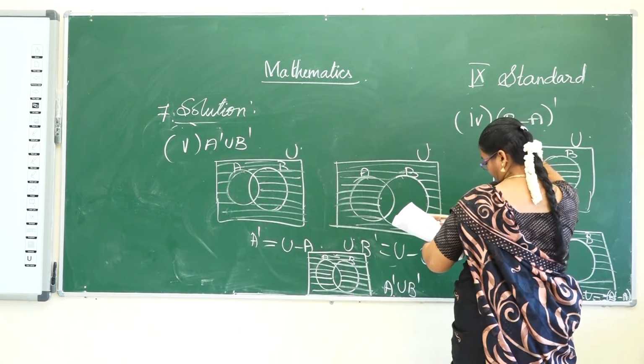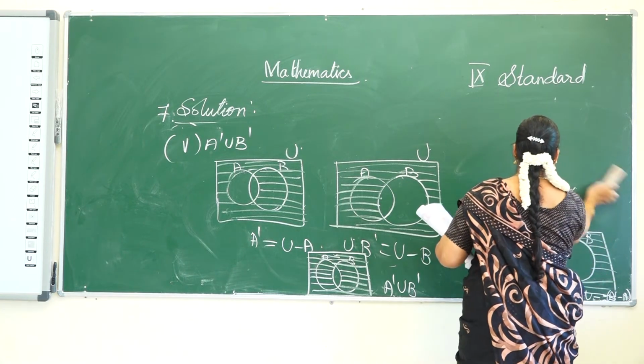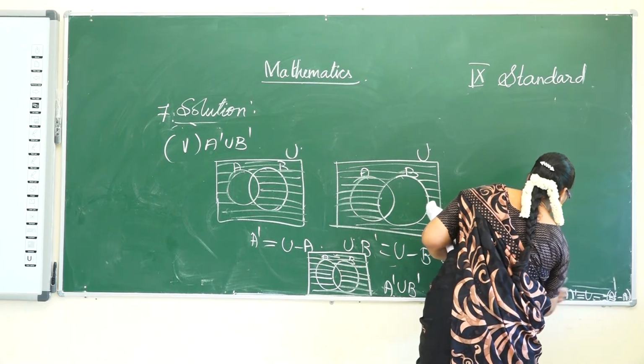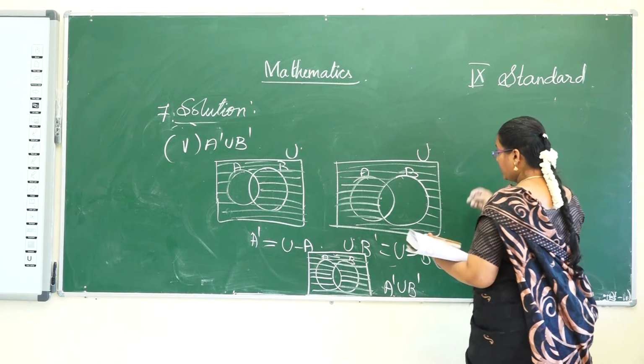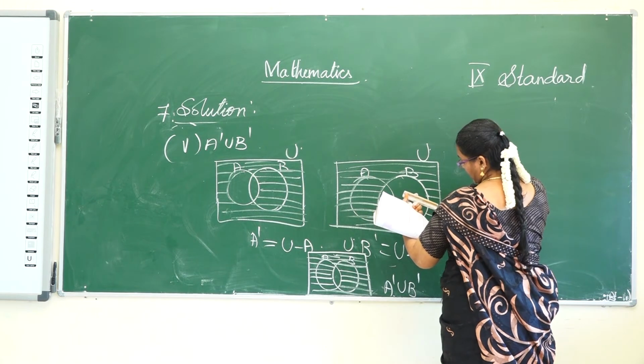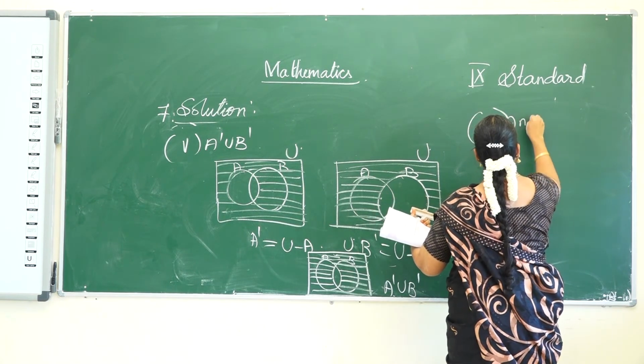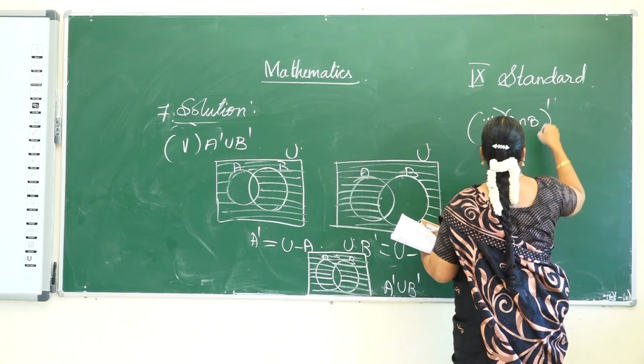So the fourth one. So the third one of that, what do we get in the third one? A intersection B, the whole dash.